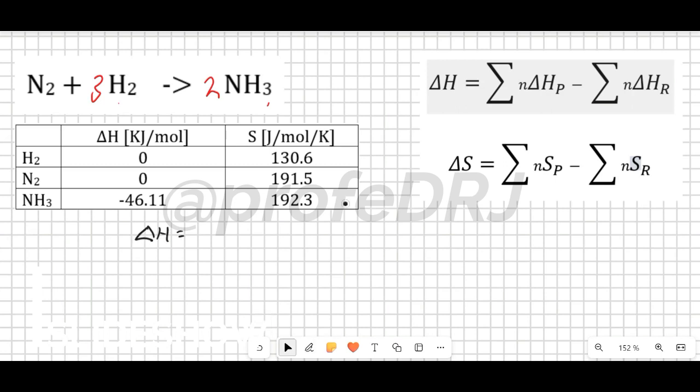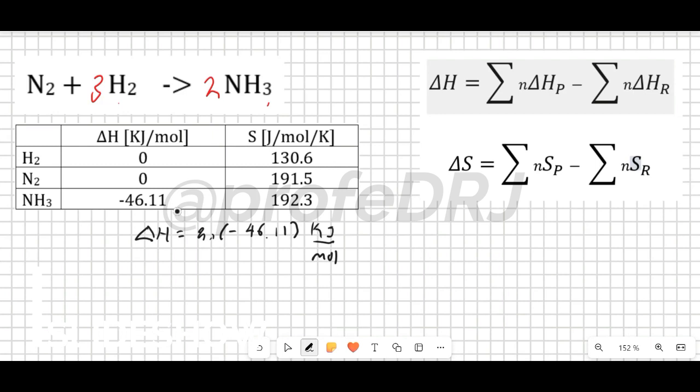What is the value? Products are here. 2 is the number of moles. 2 multiplied by this value. So we can open a bracket, 46.11 kilojoules by mole.